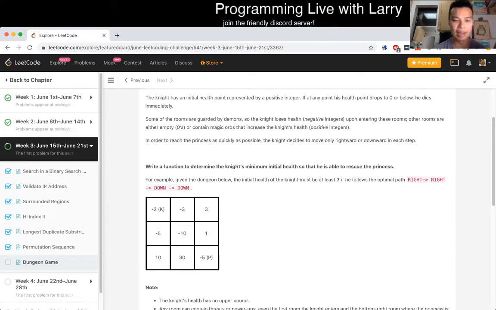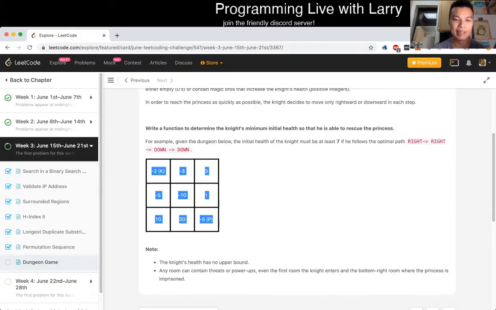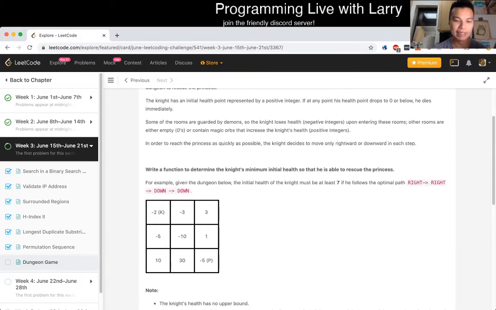One way is that this is dynamic programming, and the question is, let's say you start with X health. If you have X health, can you get to the bottom right with more than 0 health along every step of the way? You can do that. That's a very standard dynamic programming. It's not an easy dynamic programming, but it's standard-ish.